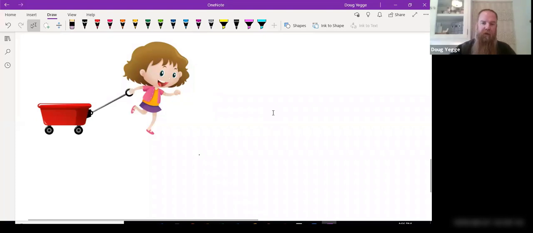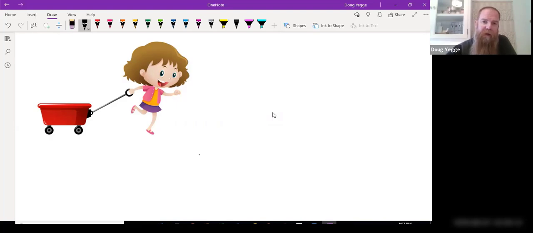You can now see a really cool application of the dot product when it comes to force. So here we see a picture of a girl that's pulling a wagon. Now it seems like a very typical situation of a kid playing with a wagon, or a parent pulling their child in a wagon.